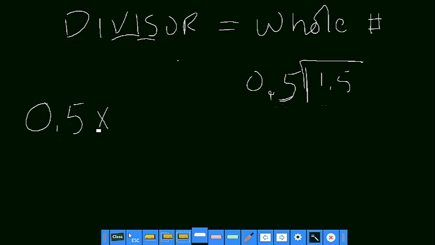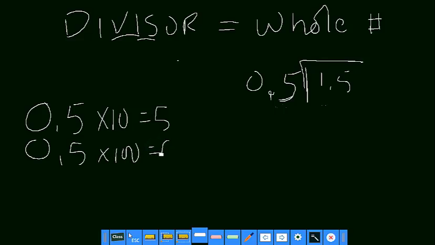If I multiply this by 10, it's going to be equal to 5. If I multiply this by 100, it's going to be 50. But this is a whole number, right? So multiplying comma 5 by 10 will give me a whole number, and the same if you multiply it by 100. But I don't do this.